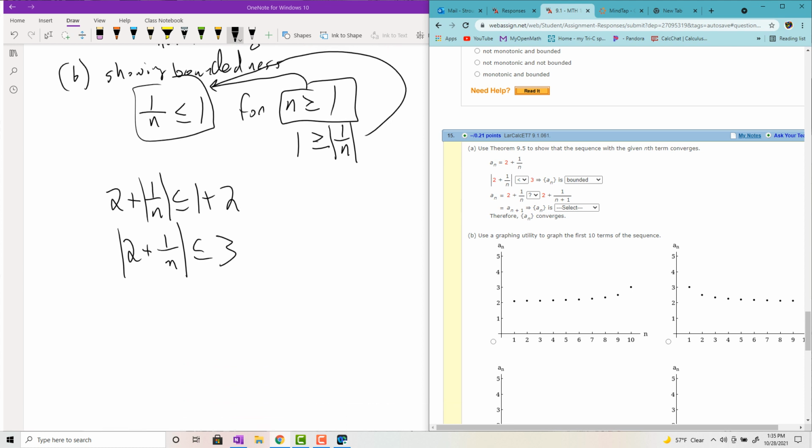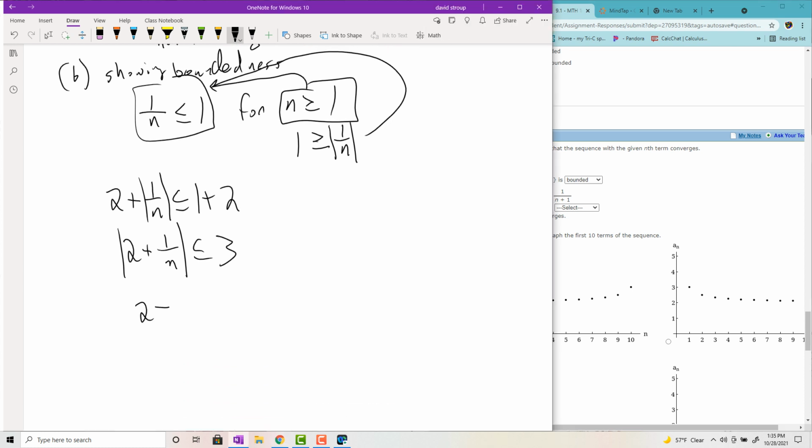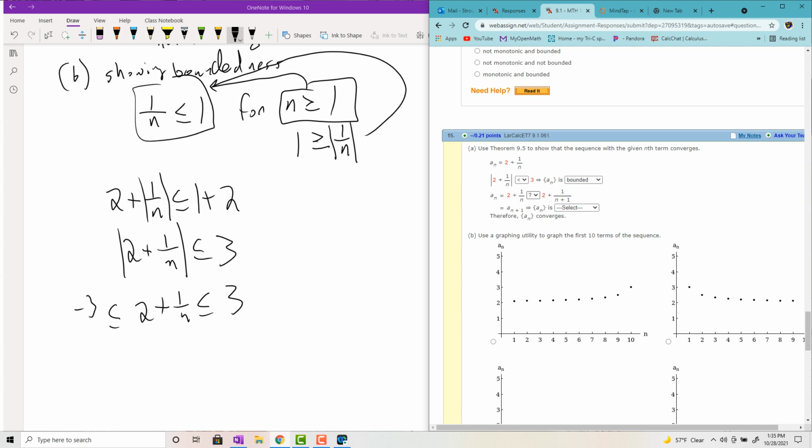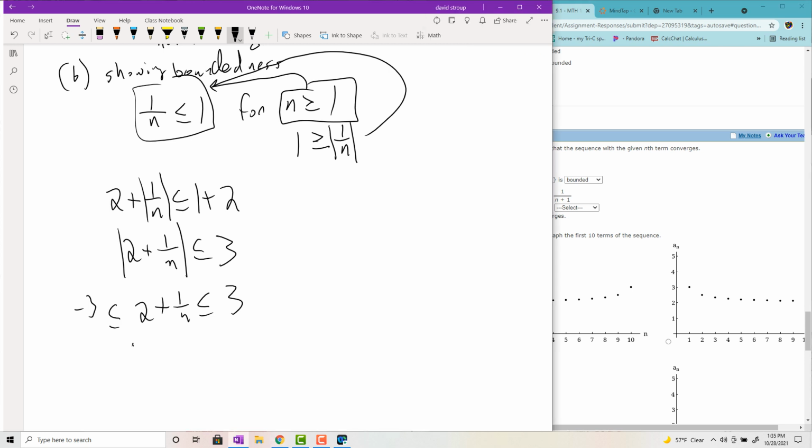And then that means it's bounded above and below, right? Because that would be expanding this inequality, less than or equal to 3, greater than or equal to negative 3. So you have that boundedness. Okay, so it is bounded above and below. So hence bounded. Okay, so there's the boundedness issue taken care of.